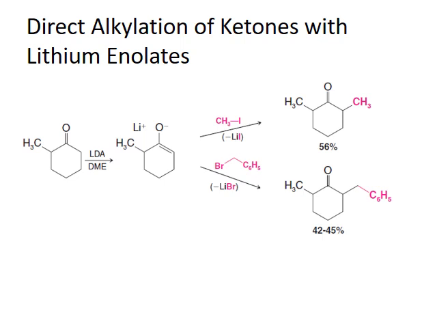If we use a secondary or tertiary alkyl halide, elimination in the halide takes place faster than enolate formation, and the reagent is consumed in an undesired reaction. So we always use a primary alkyl halide.